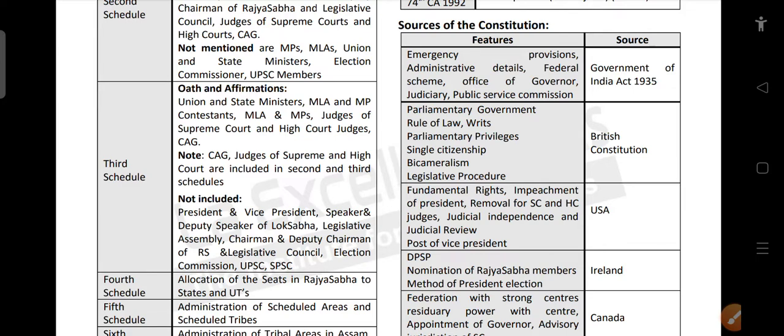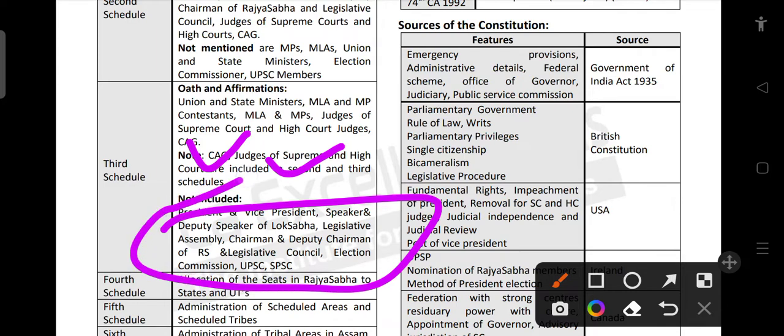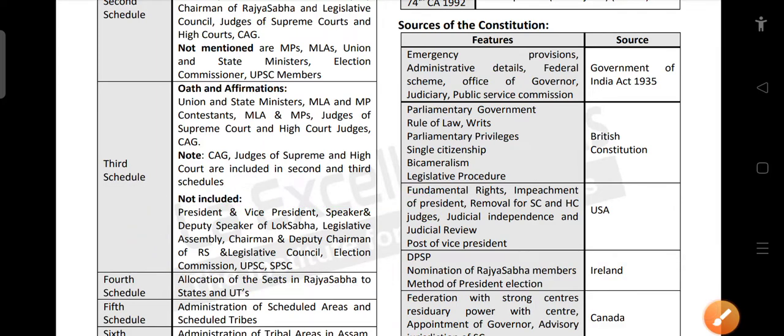Here CAG, Supreme Court and High Court judges are included. Now who are not included in the third schedule? It does not talk about the president, vice president, speaker, deputy speaker, chairman, Election Commission, UPSC, SPSC. These are not covered in the third schedule. So we have to remember that.